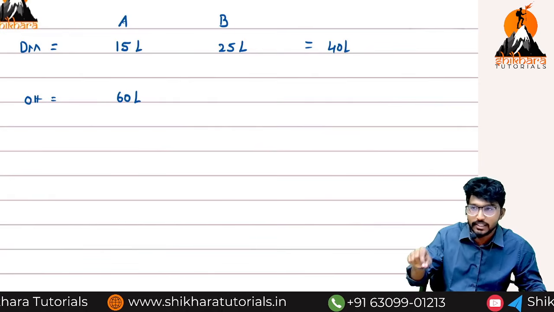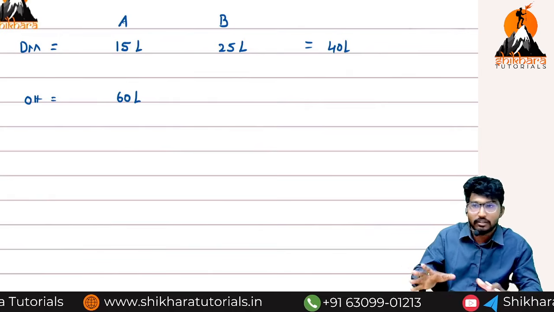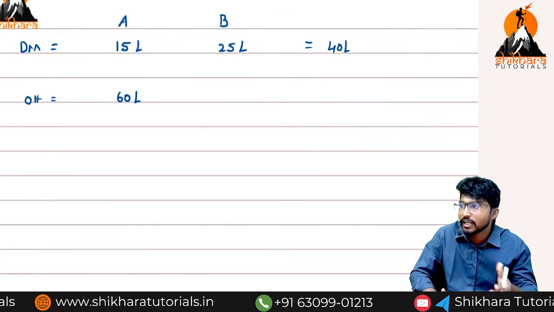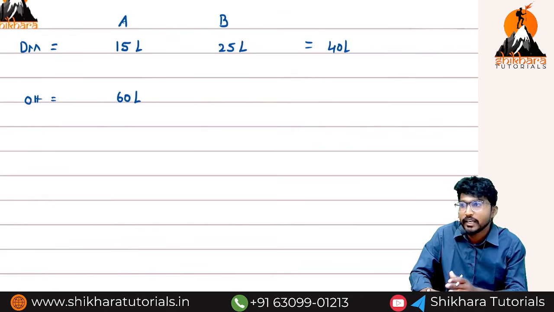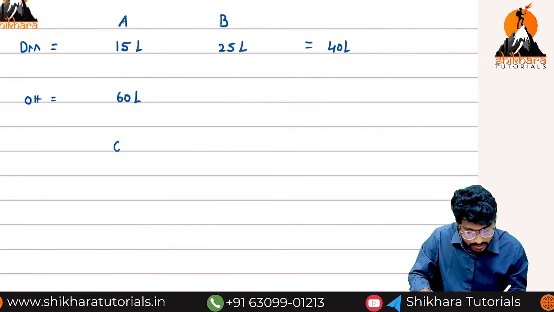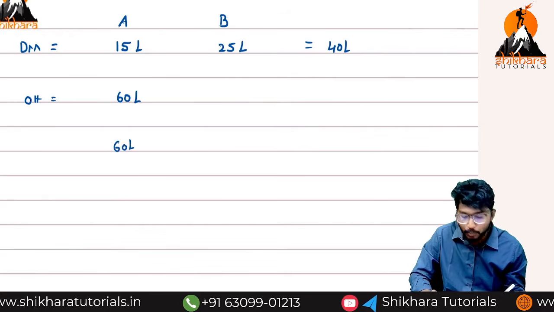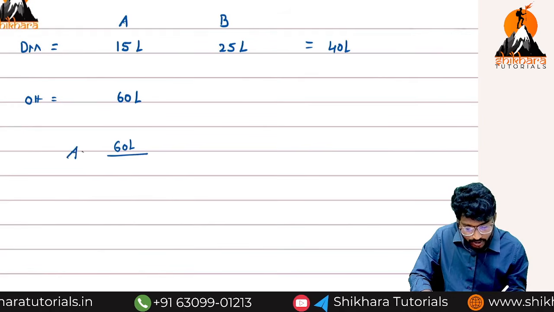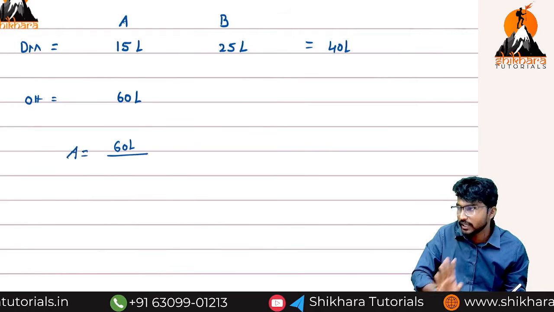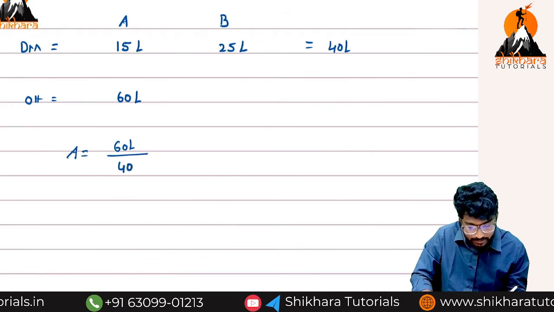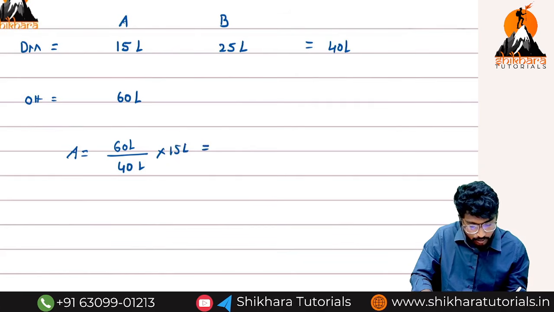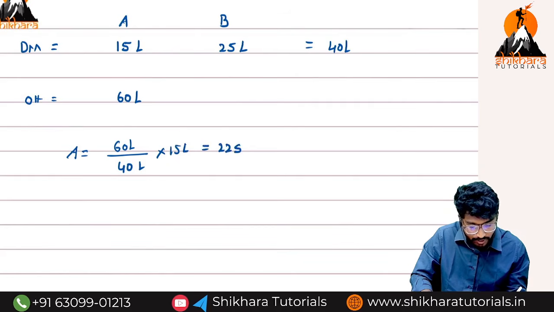In the industry, there is a practice that these overheads are apportioned to the products on the basis of which one? On a direct material cost. Now, the 60 lakhs are to be apportioned to A. How it is going to apportion? 60 lakhs divided by 40 lakhs into 15 lakhs. 22.5 lakhs.